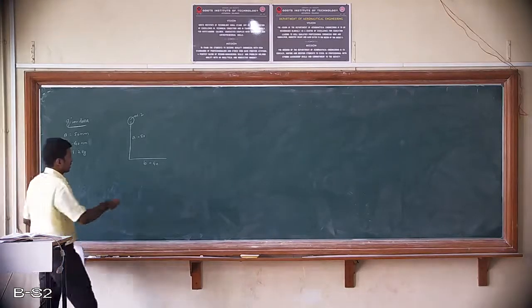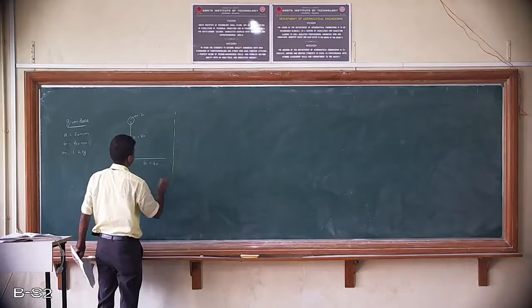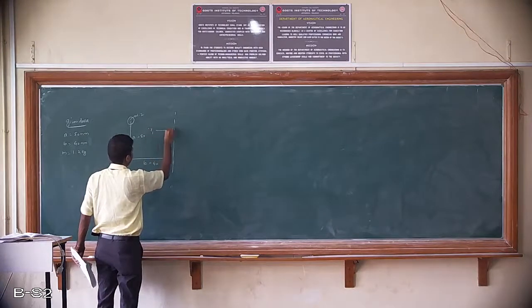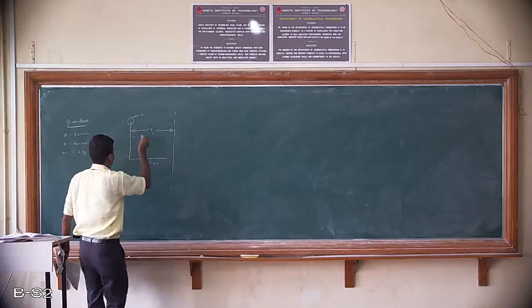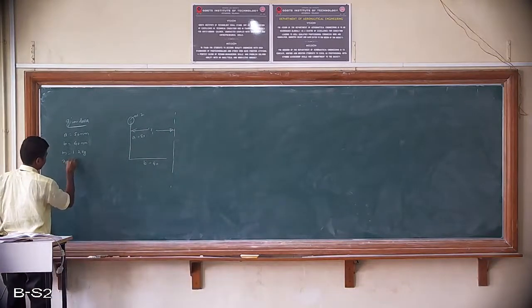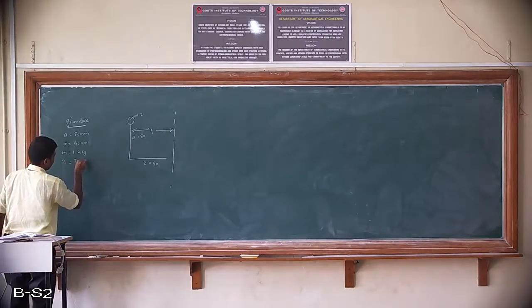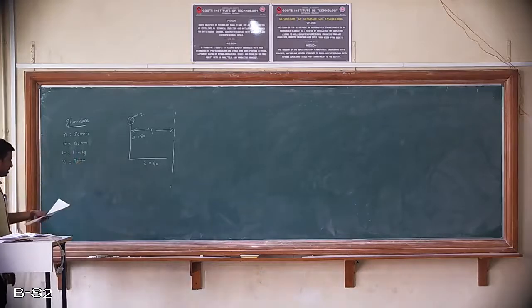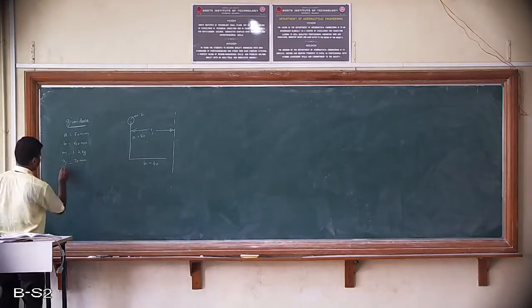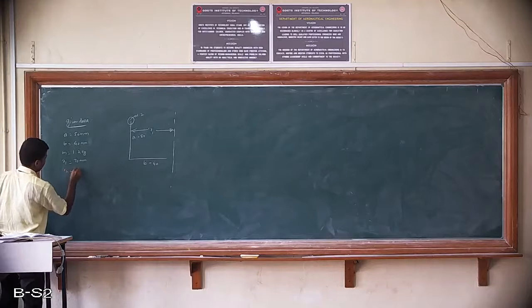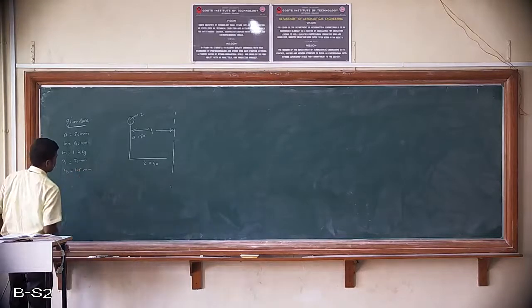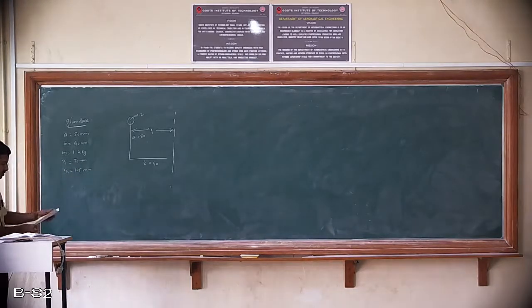If this is the axis, then this is R1, which is given as 70 mm, and one more extreme radius, R2, is 105 mm.